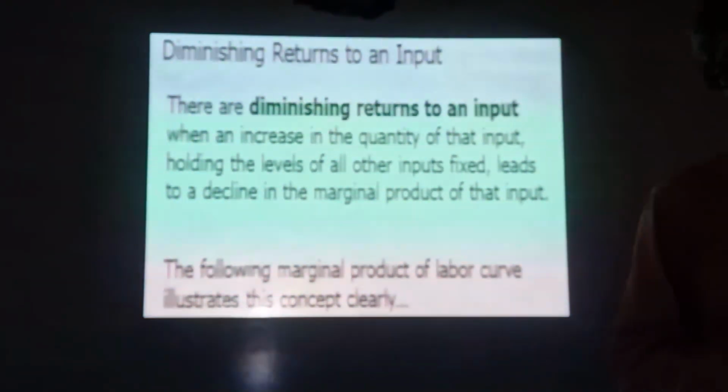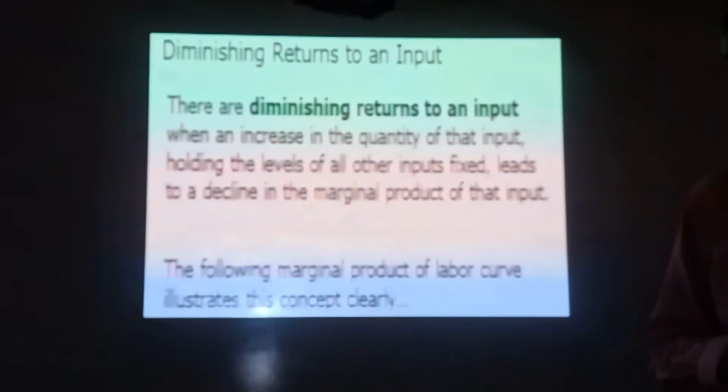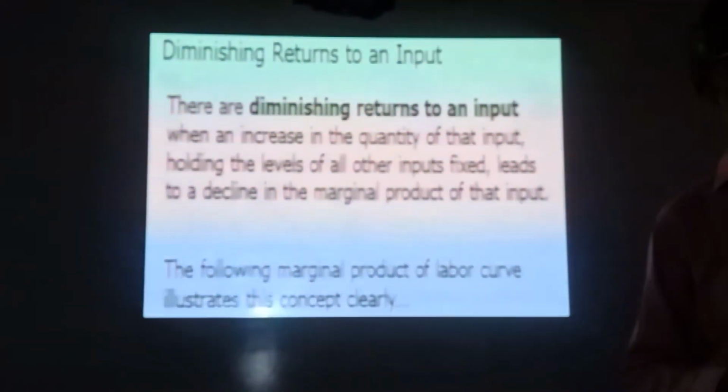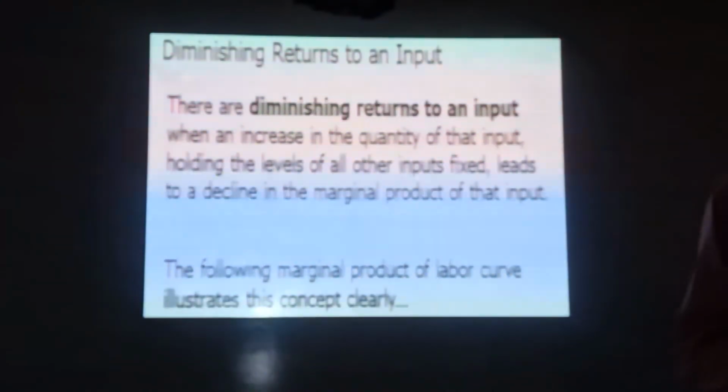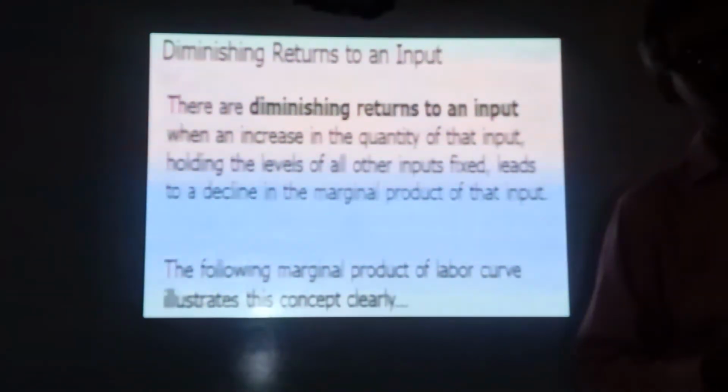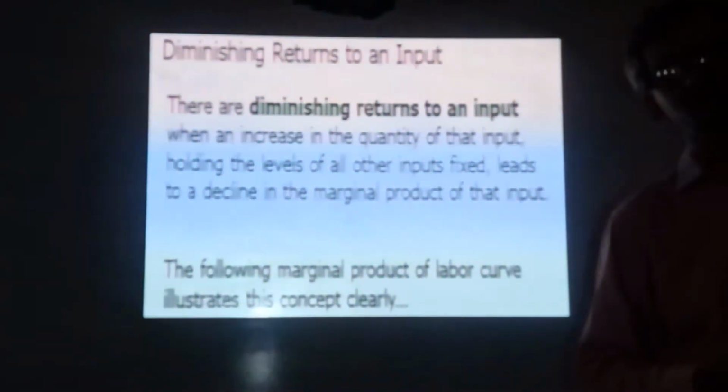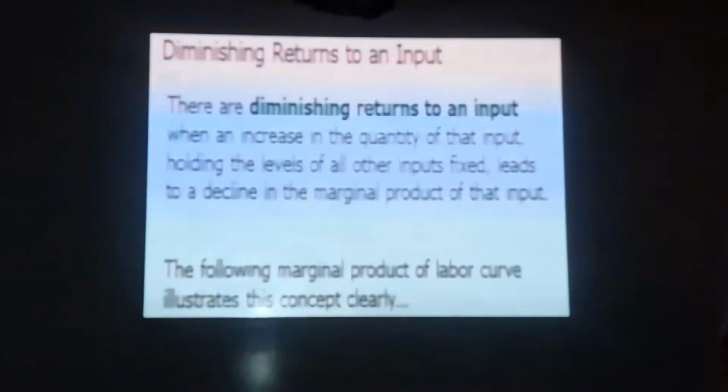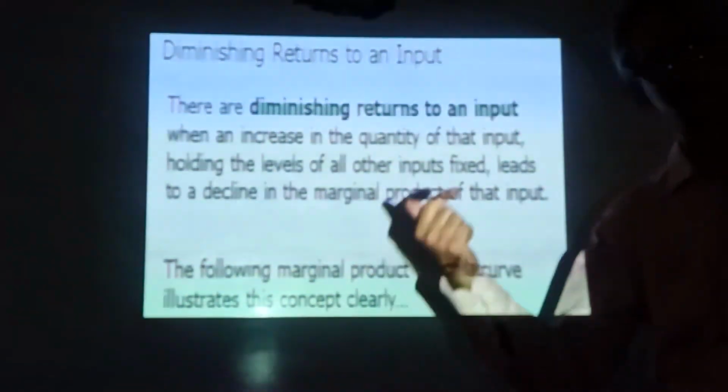When we add a second laborer to the same machine, our total output is 18. Now, how much has the second laborer contributed to the production? We say that 8 is the contribution of the second, so it is called diminishing return. It means the second one produced less than the first one.